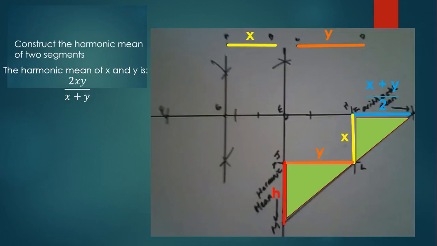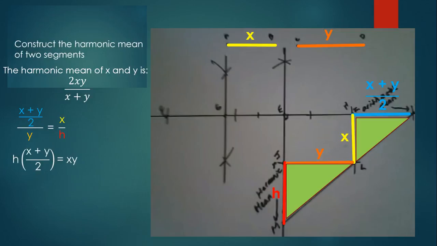So since we have two similar triangles, the lengths of corresponding sides are proportional, which means if we, in a ratio, compare x plus y over 2 to its corresponding side, which is y, that will be equivalent to the length of x over the length of h. So now remember, h is the harmonic mean, so we're trying to solve for h.